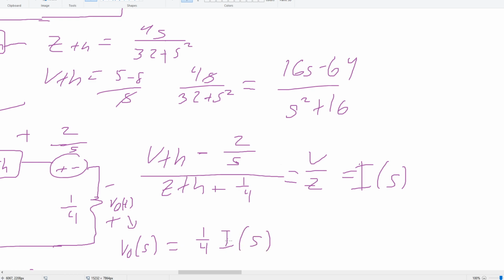V is equal to IR. So you have to find the total current, then you have to find the voltage going through that resistor, which is just 1/4 times Is, right?